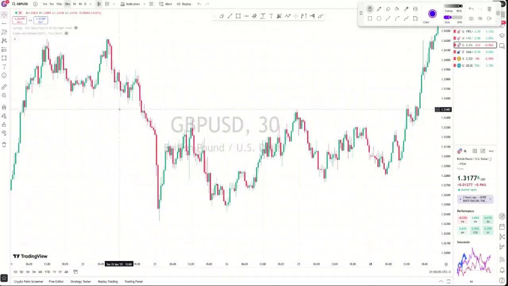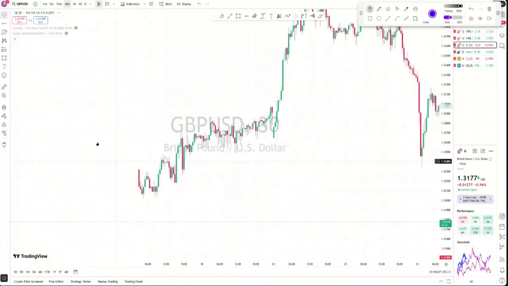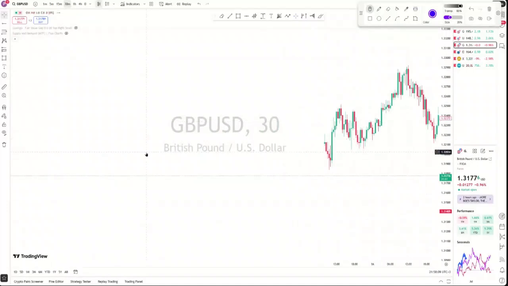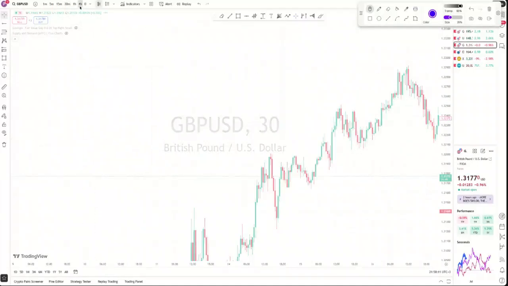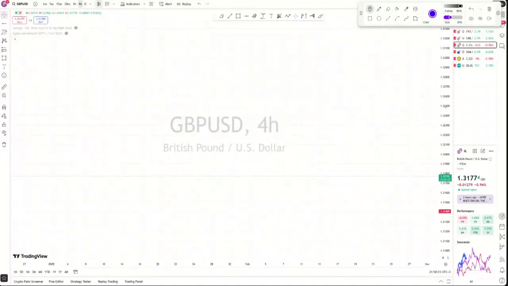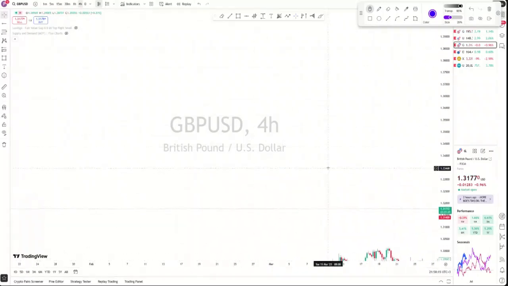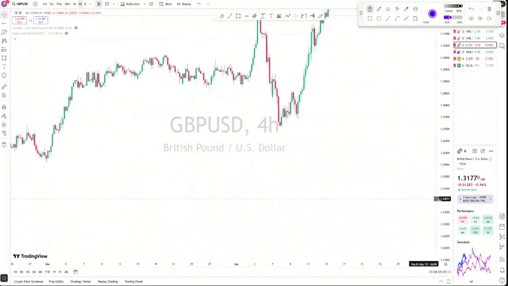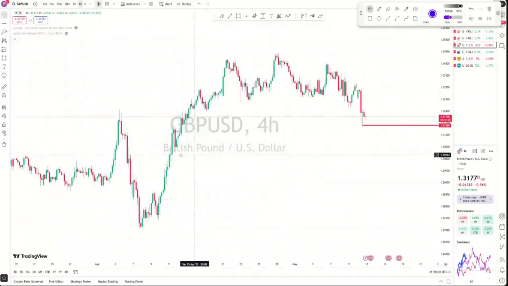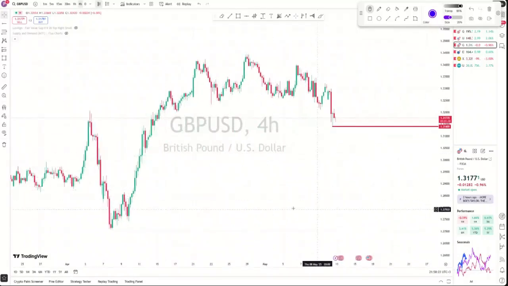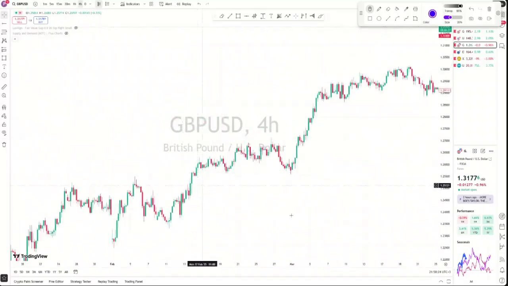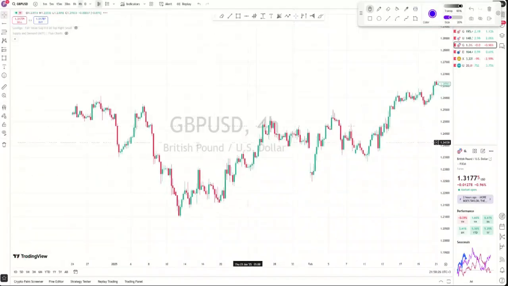So for the bearish liquidity, let's find a lot of liquidity zones. Let's try higher time frames. Let's look for a bearish liquidity zone.